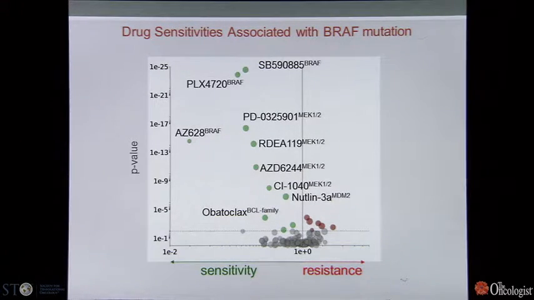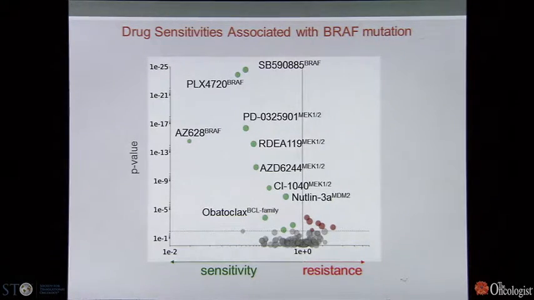So we look at 135 inhibitors, lots of kinase inhibitors, lots of other inhibitors, and we're looking at what are the best associations between BRAF mutational status and response to a drug. And so in these plots, what you have is the significance on the y-axis, and then the x-axis tells you whether this genetic event is associated with sensitivity to a drug or resistance to a drug. And each dot corresponds to a given gene-drug association.